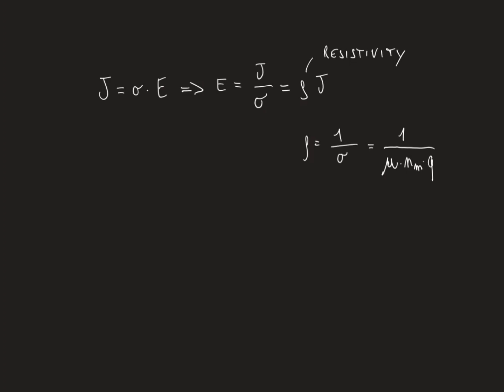The unit of measurement of the resistivity is the ohm per meter. Of course, the unit of measurement of the conductivity will be ohm to the minus 1 times meter to the minus 1, or Siemens over meter.